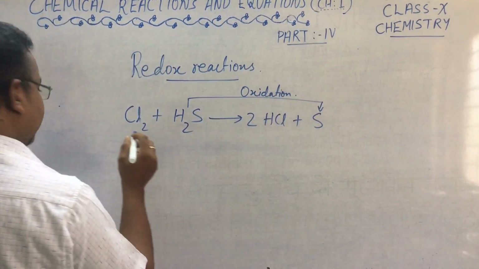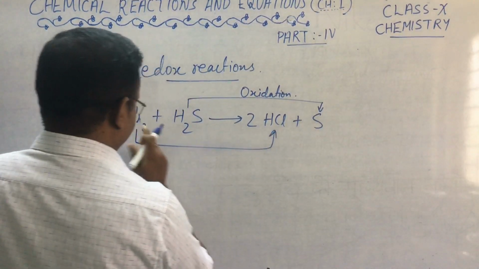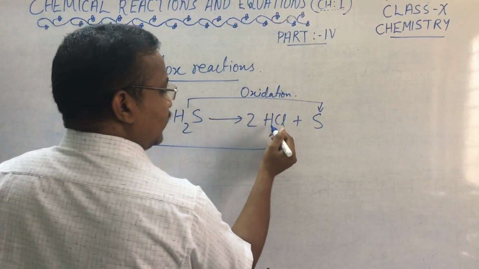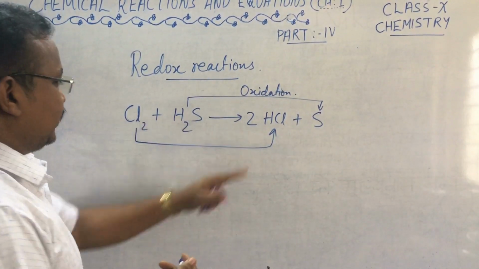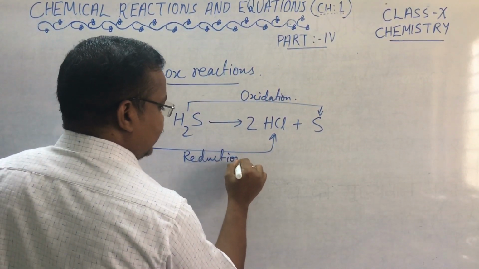Okay, and in chlorine, what happens? Hydrogen is added. Cl2 has become HCl. So here reduction takes place, where we can say addition of hydrogen takes place.